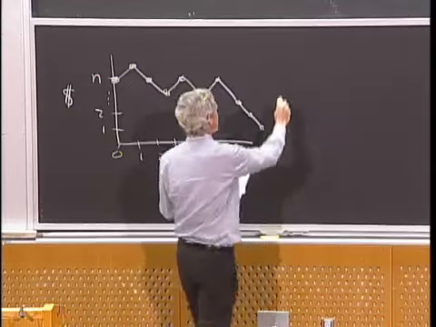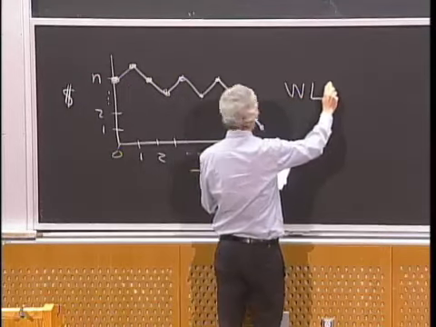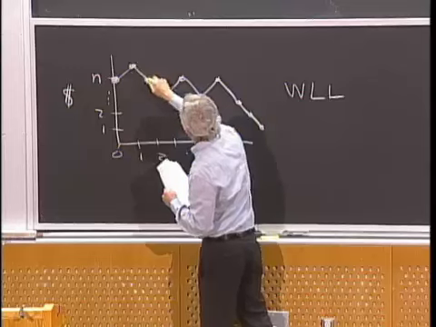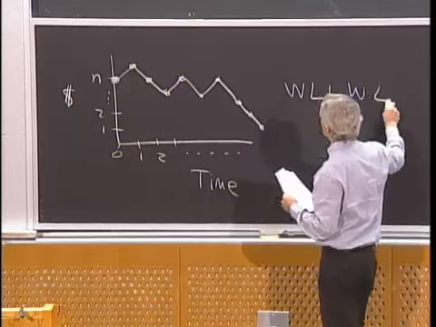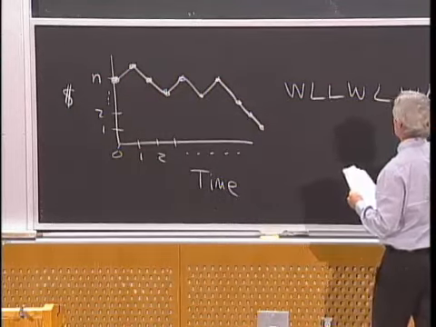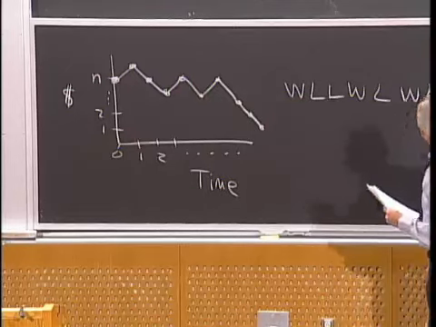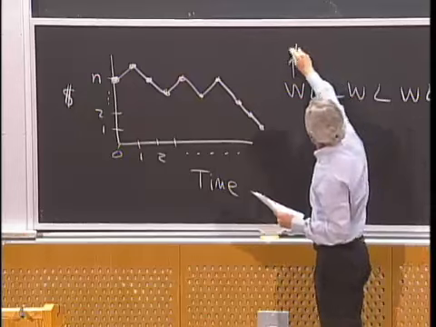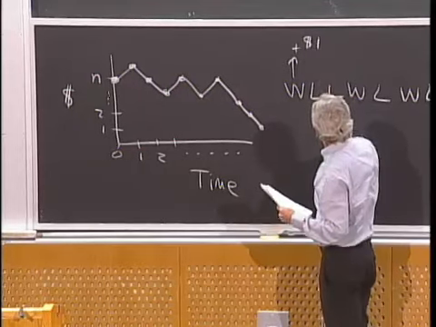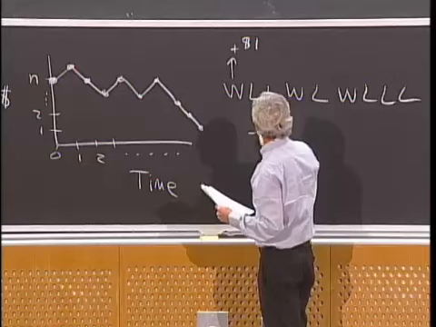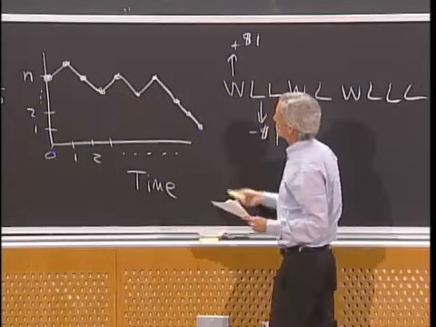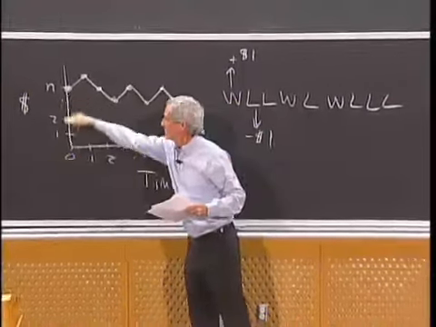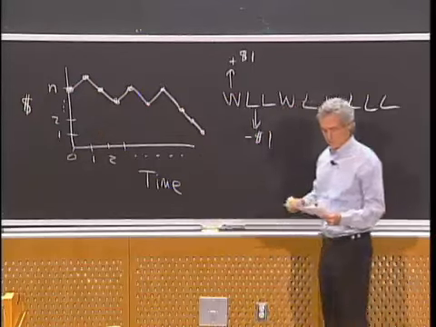So this corresponds to a string: win, lose, lose, lose, lose, win, lose, win, lose, lose, lose. When we win, we go up $1. And when we lose, we go down $1. It's called one-dimensional because there's just one thing that's changing. You're going up and down there.